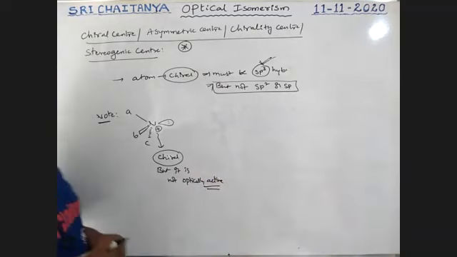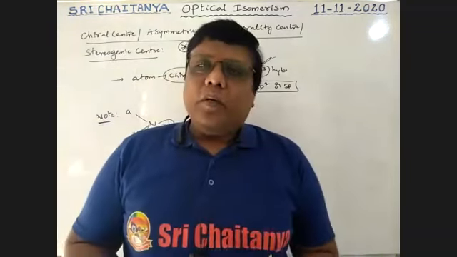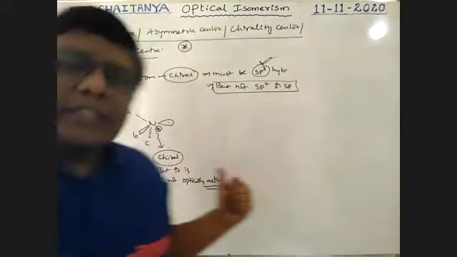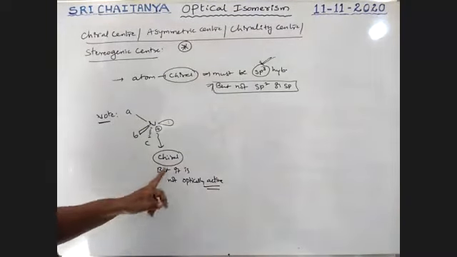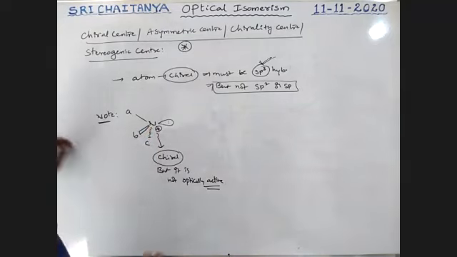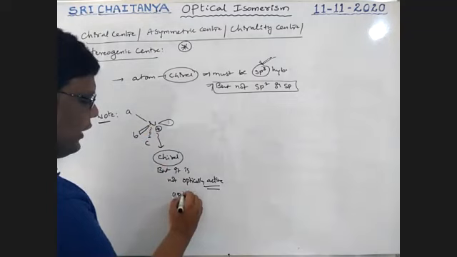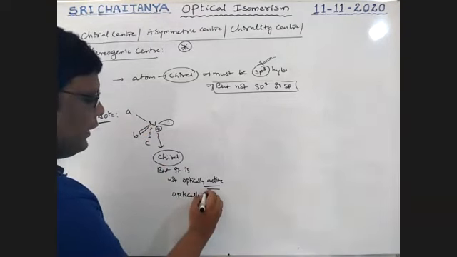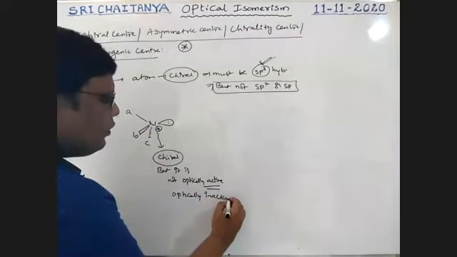Boys, generally, compounds having a chiral center are optically active, but in this case, even though nitrogen is chiral, it is optically inactive.